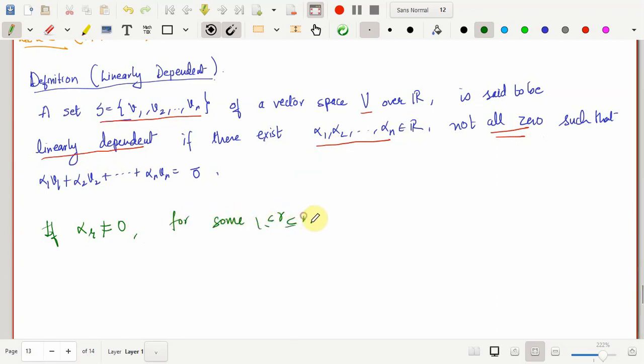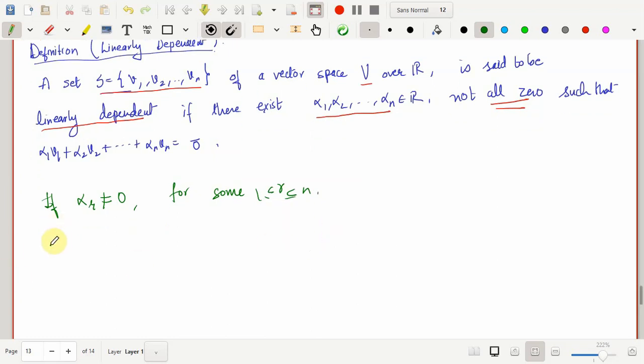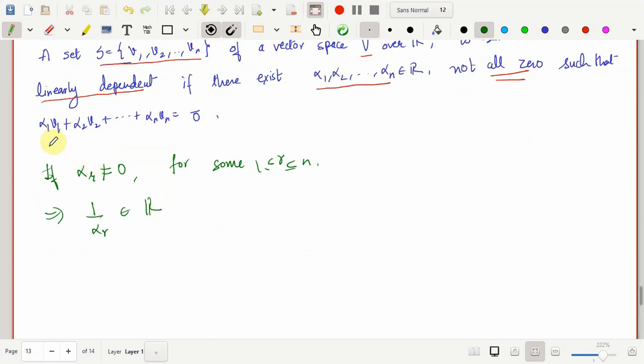So if alpha r is non-zero for some r from 1 to n, then by the properties of real numbers, the multiplicative inverse of alpha r exists, which means that 1 by alpha r belongs to R. So now when I say that the right hand side is equal to 0, you will observe that the corresponding vector Vr can be expressed in terms of all the remaining vectors, and that's the reason it's called a linearly dependent set.